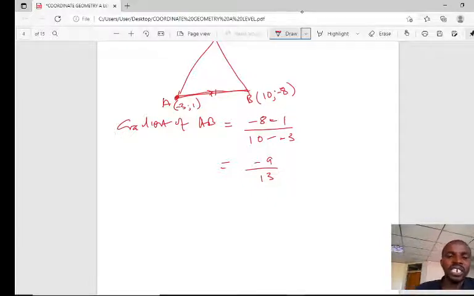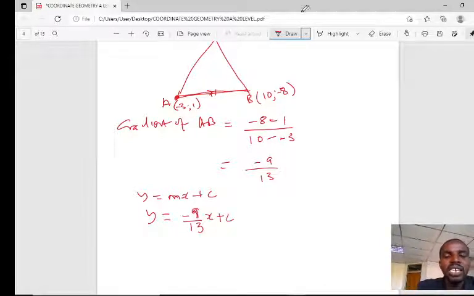You want the equation. So for the equation, you say y equals mx plus c, the general form of the equation of a straight line. So it will be y equals minus 9 over 13x plus c. Let's find c. Which point do we take?